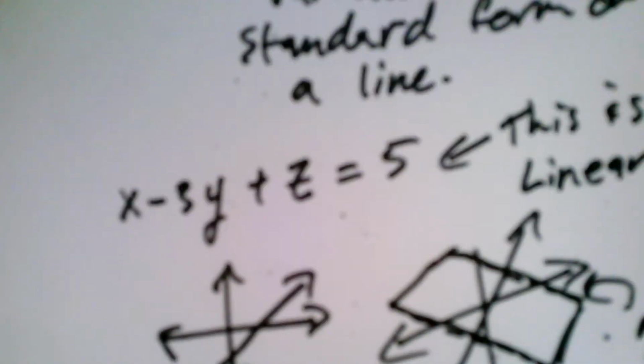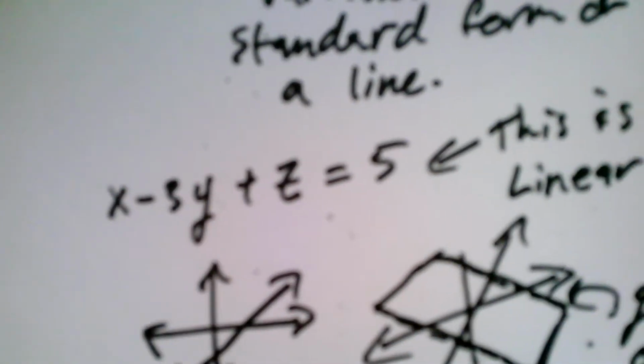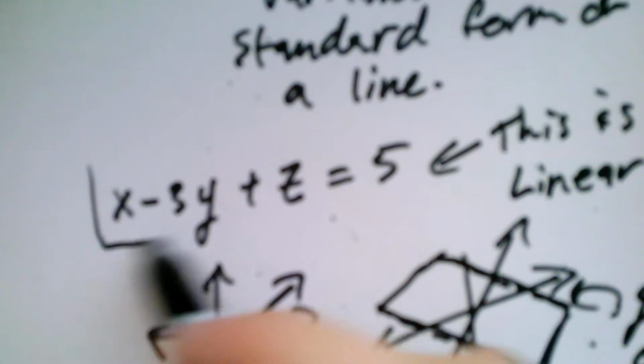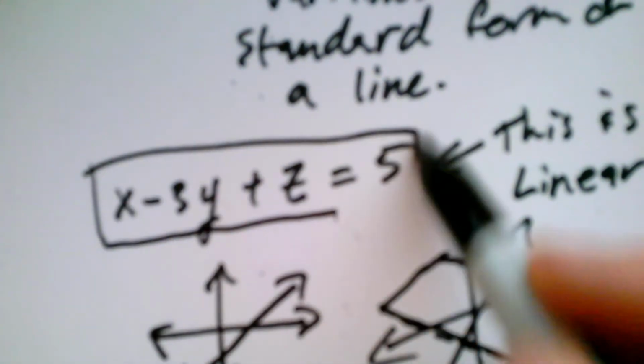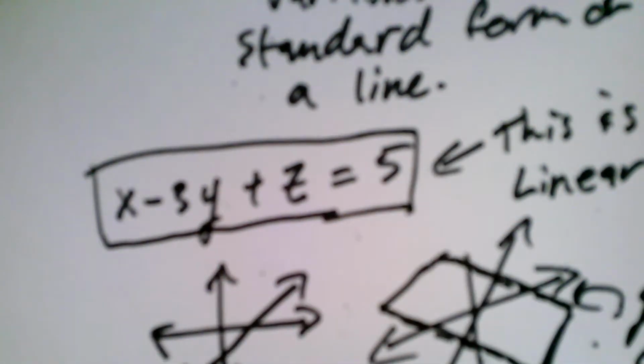That is more than an x and a y. So here's our first example of a multi-dimensional linear function, or linear relation.